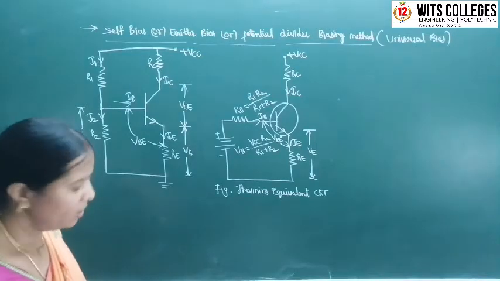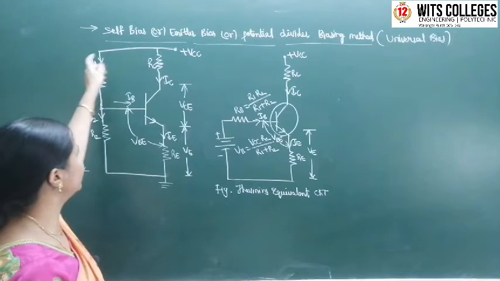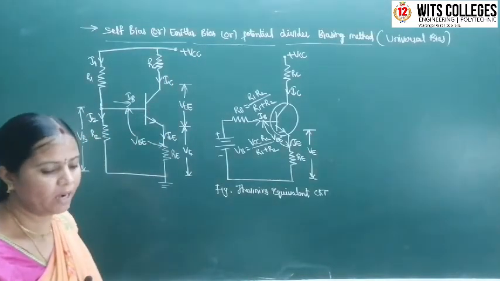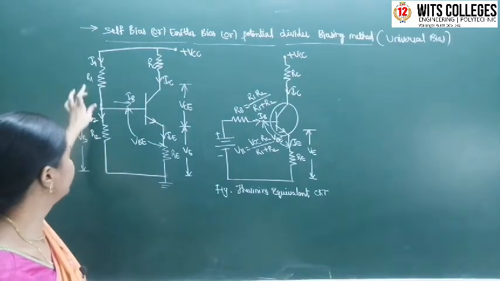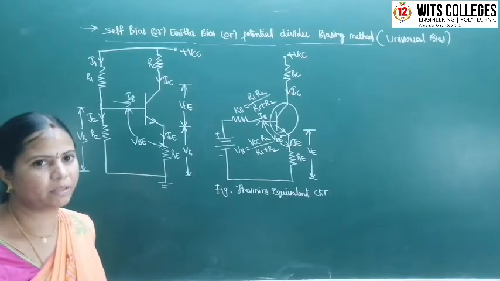Okay? So here why? Because here the resistors R1 and R2 are connected to the power supply VCC. Okay? And these resistors R1 and R2 will provide proper biasing. Okay?